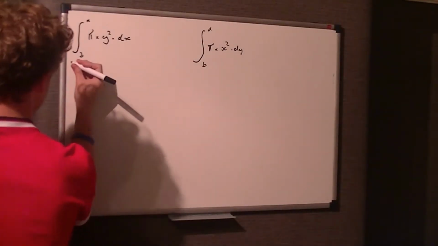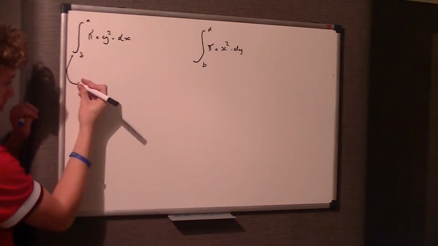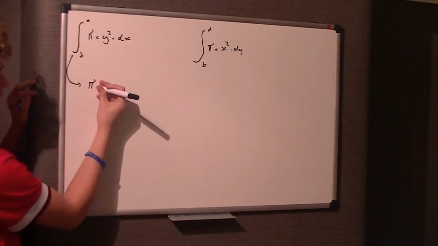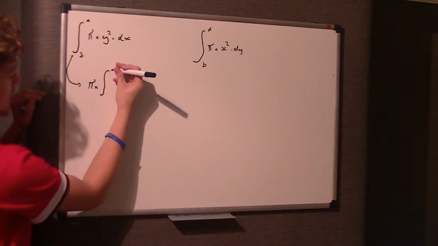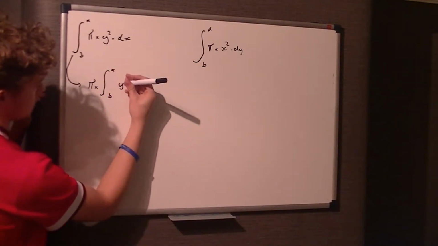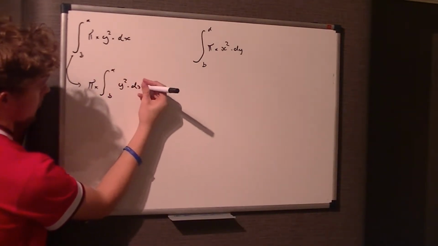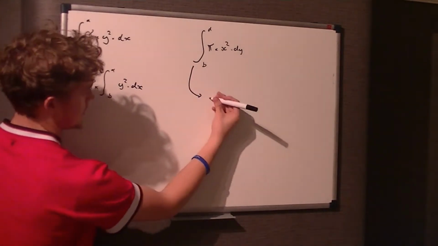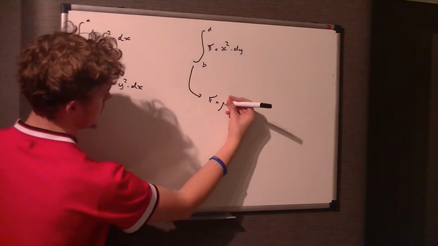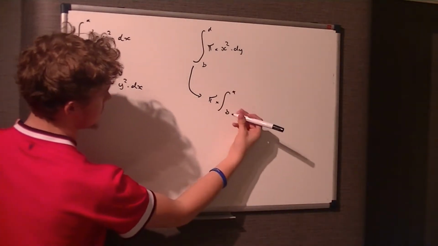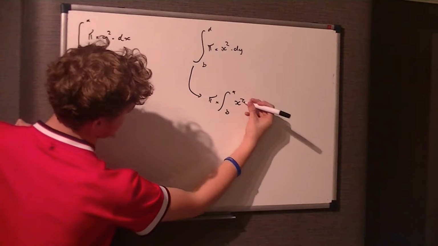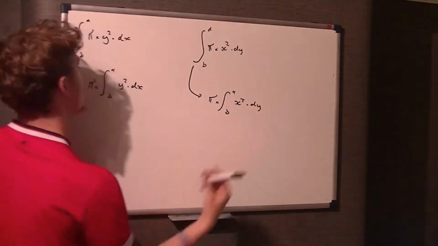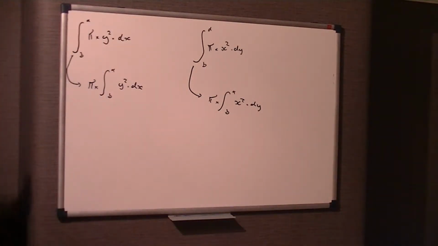So it's pi times the integral between limits a and b of y squared with respect to x. And similarly, pi times the integral between limits a and b of x squared with respect to y for the y-axis.